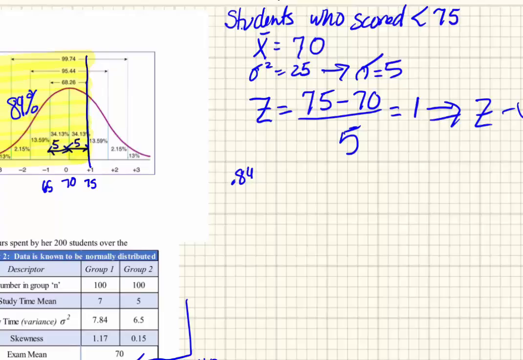That was one answer. Or I asked you how many students, so in that case we would just multiply this by the n, or the total number, which was 200, which would then give us 84% of 200, which would be 168 people.